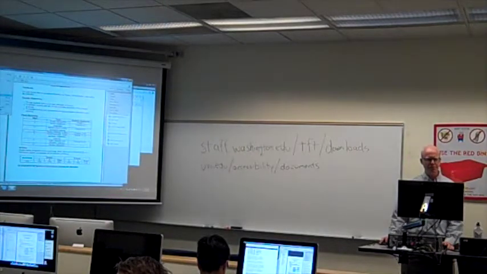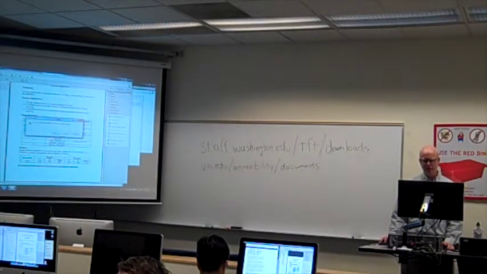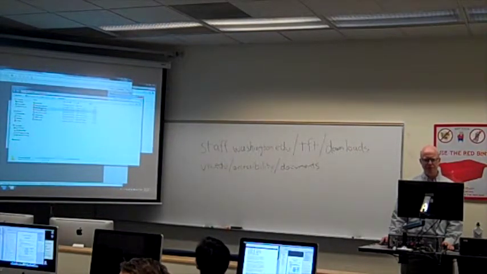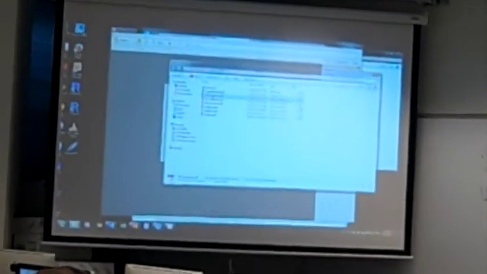Okay, let's close this one and open up PSU example 1. And again, right-click on it and open with Adobe Acrobat X. So you want to just step through the workflow again.